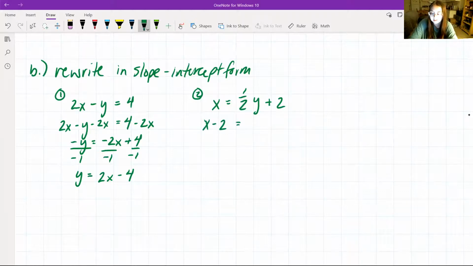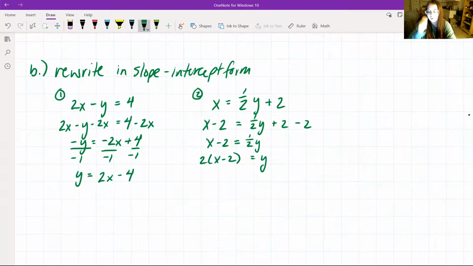We get x minus 2 is equal to 1/2 y plus 2 minus 2, so x minus 2 is equal to 1/2 y. Then we multiply each side by 2 to get 2 times x minus 2 is equal to y, where 2x minus 4 is equal to y, which we can flip to say y is equal to 2x minus 4.